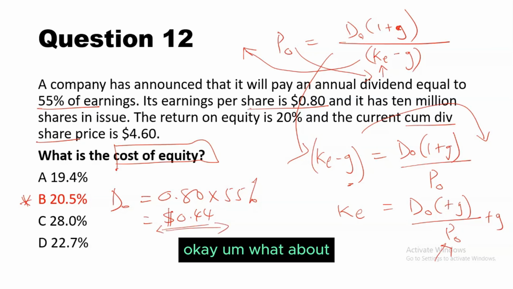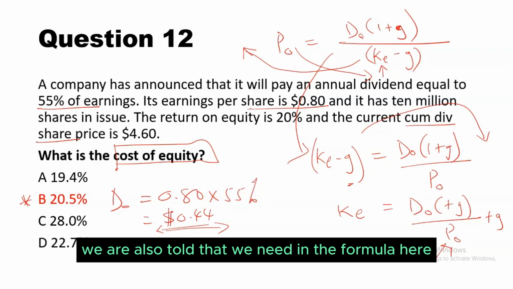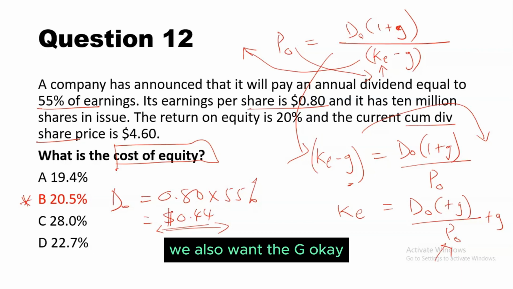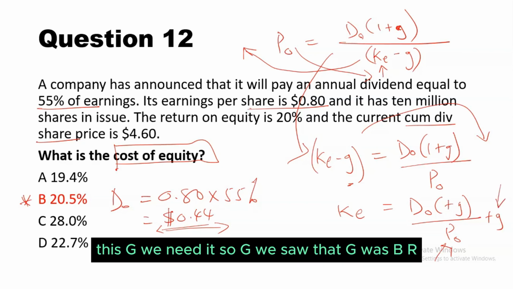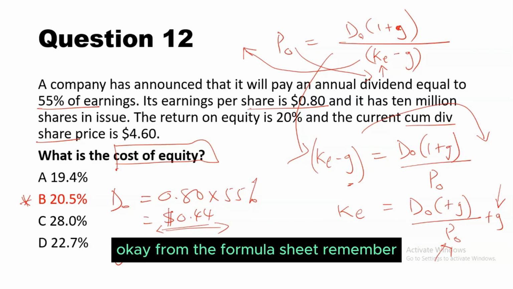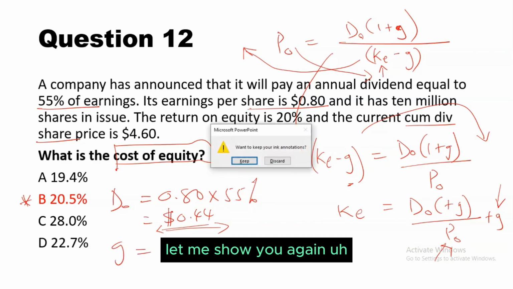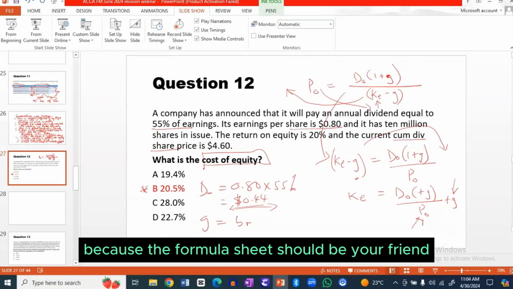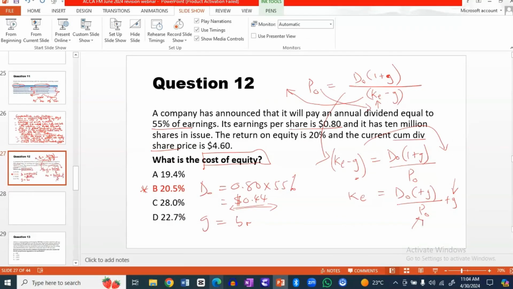Okay, we also need the g in the formula here. So g, we saw that g was b times Re, from the formula sheet. Remember, let me show you again, because the formula sheet should be your friend in the examination.